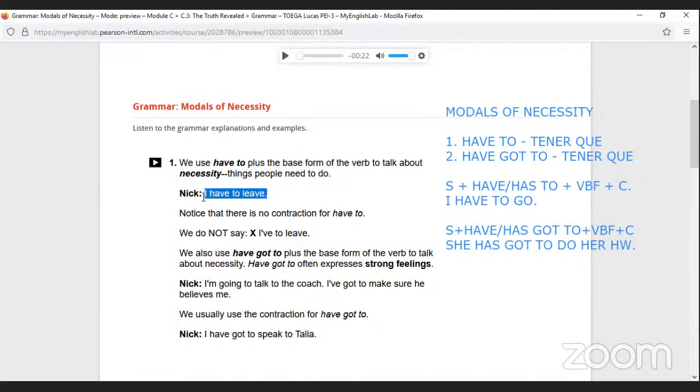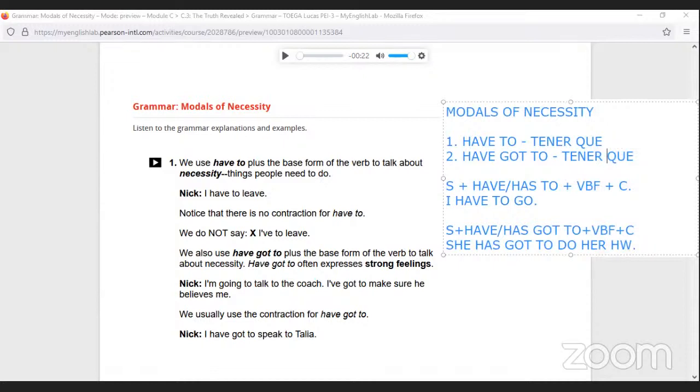For example, I have to leave. Maybe it's late, as I was telling you before. Notice that there is no contraction for have to. When we talk about contractions, with have to we don't have contractions.